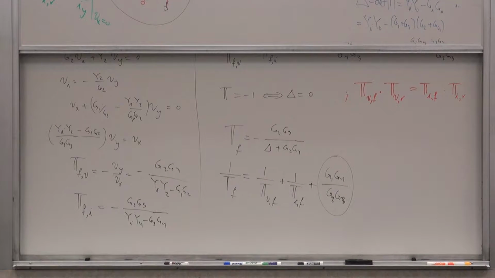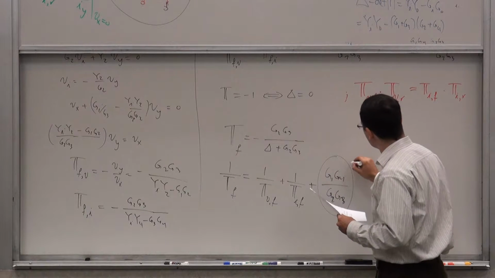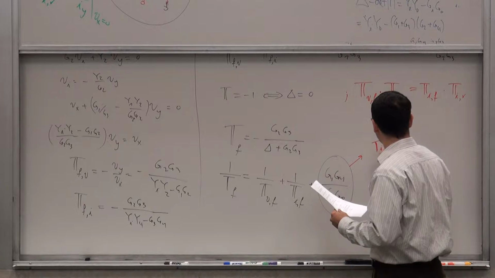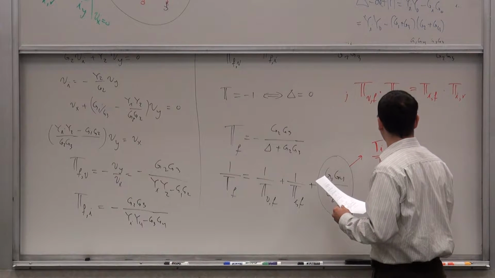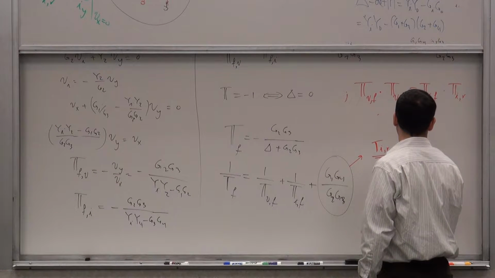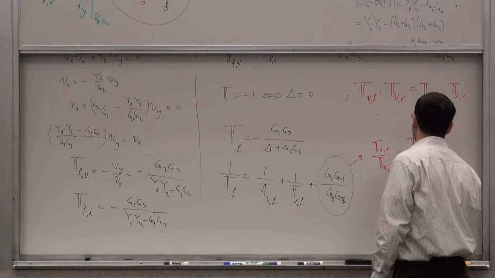You will see that. And furthermore, what you see is that this term is simply Ti reverse over Tv forward, which is equal to Tv reverse divided by Ti forward.